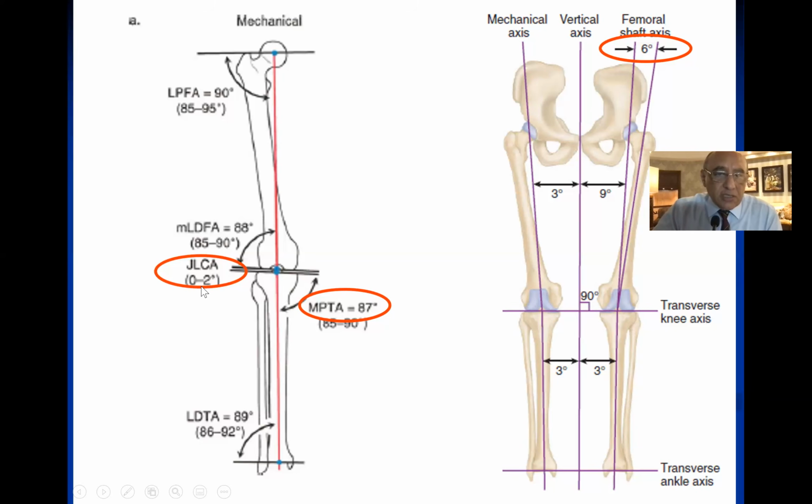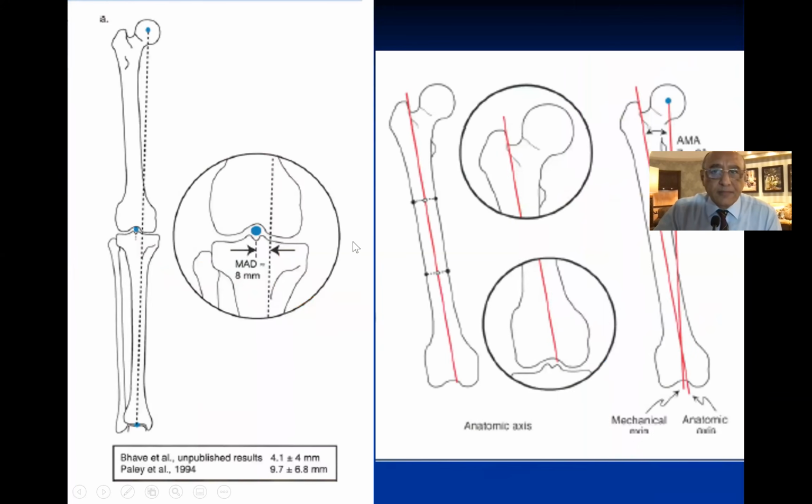And this angle could be 0 and up to 2 degrees. The other thing is the mechanical axis, which is a line that passes from the center of the hip joint to the center of the ankle joint, and it usually passes medial to the center of the knee by a distance of average 8 millimeters.